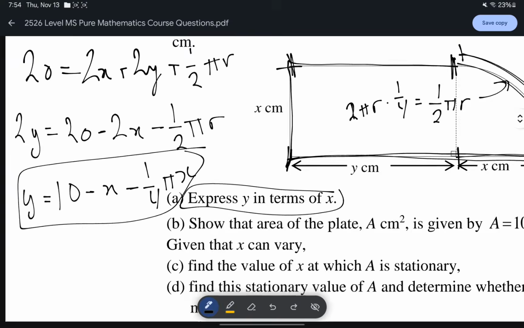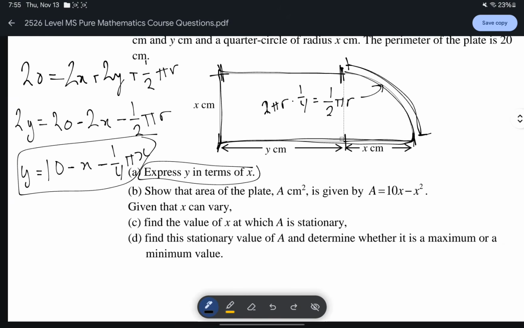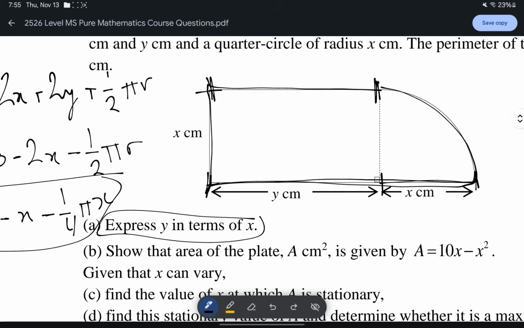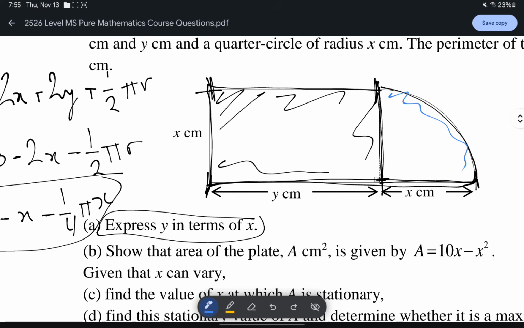Okay. Part B, they're saying show that the area of the plate is given by this equation. Okay, yani they want the whole area, the whole equation. So we'll split this into two to make it easier. So this area, okay, this part here, plus this part here, I'll do it in a different color, plus this part here.